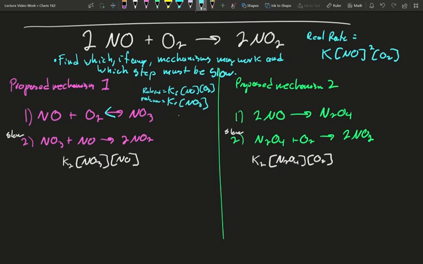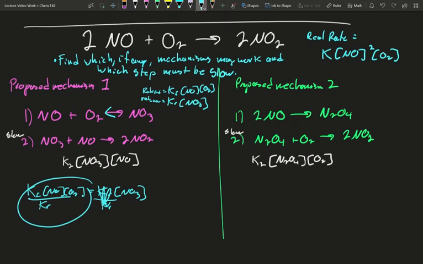As a result, kf[NO][O2] must equal kr[NO3]. We can divide by kr. This means that [NO3] must be equal to this other component, and we can slot that in for [NO3].